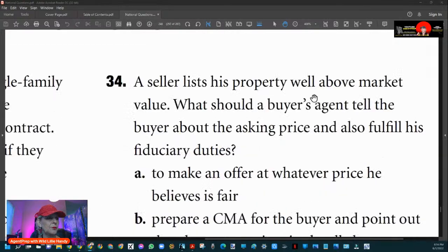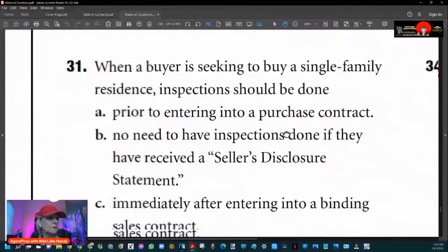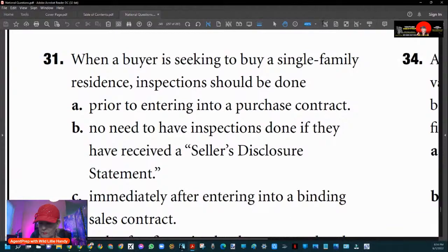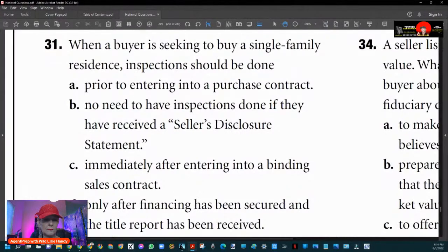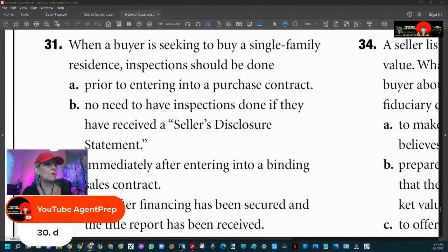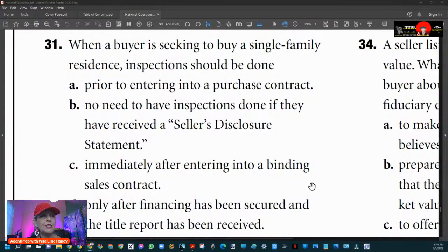All righty, number 31. When a buyer is seeking to buy a single-family residence, inspections should be done A, prior to entering into a purchase contract, B, no need to have inspections done if they have received a seller's disclosure statement, C, immediately after entering into a binding sales contract, or D, only after financing has been secured and the title report has been received.